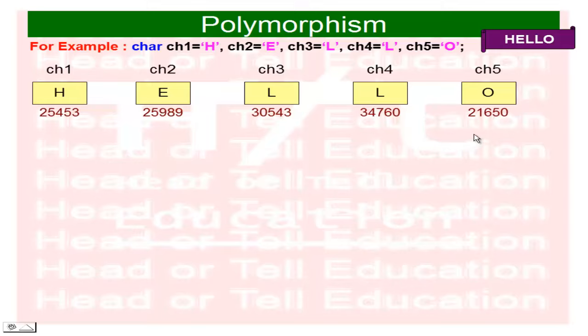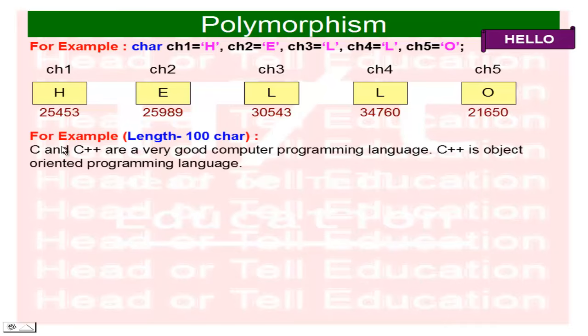But if you have a large string, like "C and C++ are very good computer programming language. C++ is object oriented programming language", this string has 100 characters. The length of the string is 100 characters.